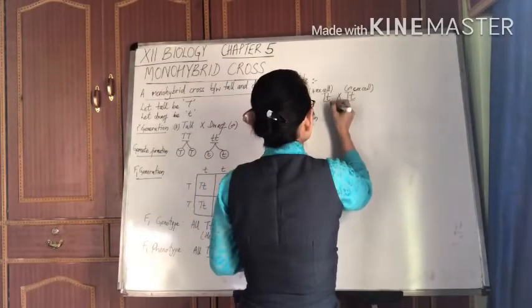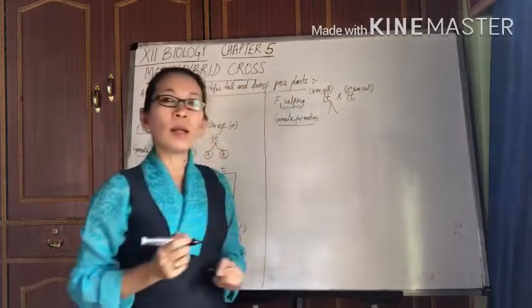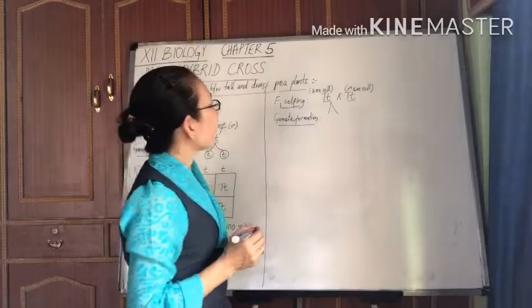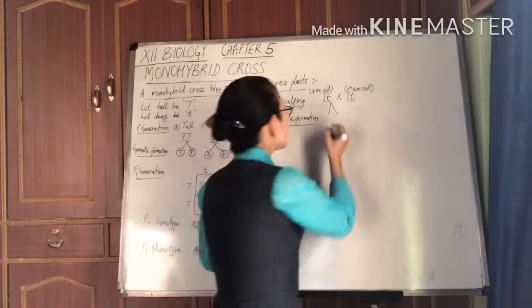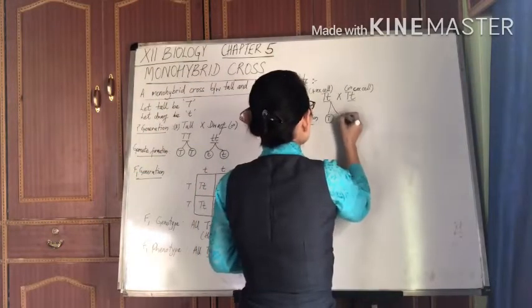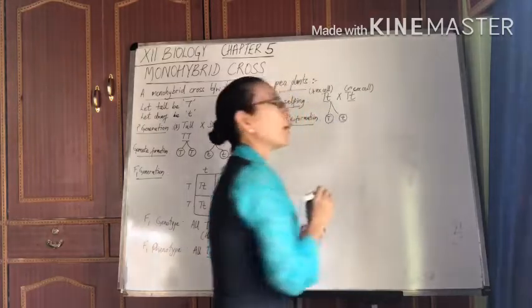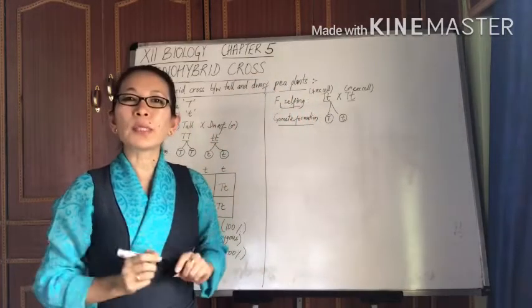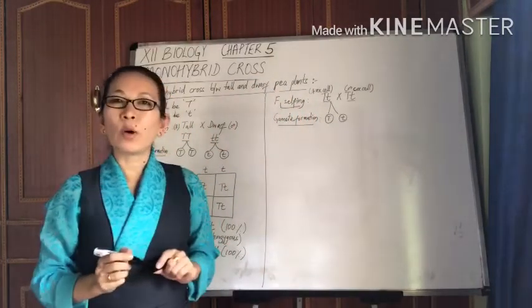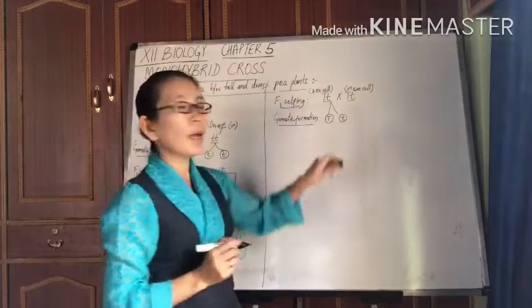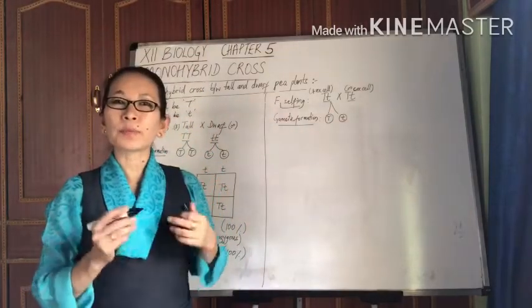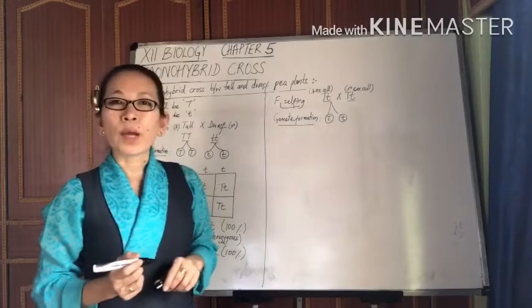So in the female, the sex cell factors segregate into two types of egg, where one egg has capital T as the allele or factor, and the other egg has small t as its allele or factor.